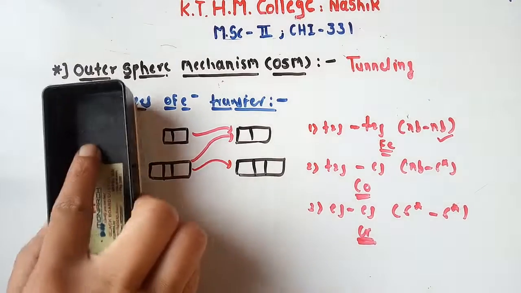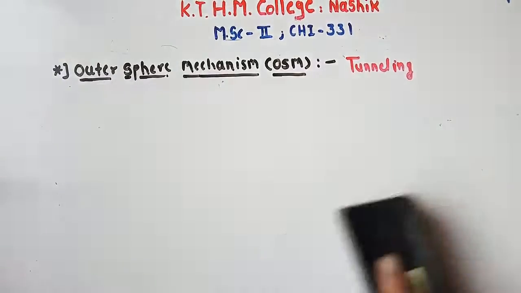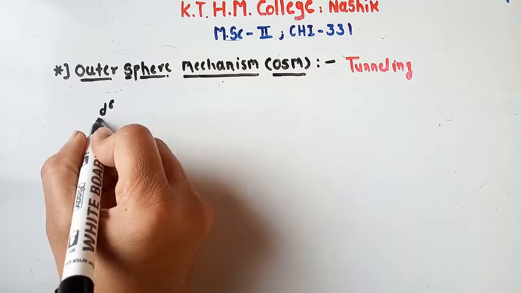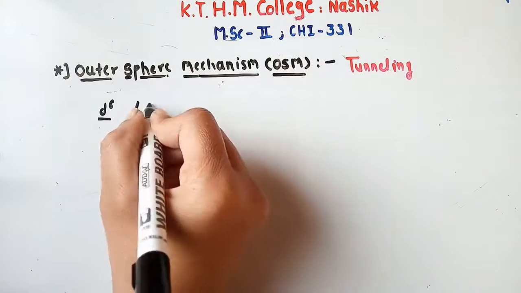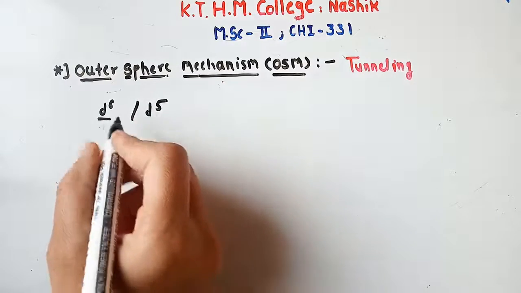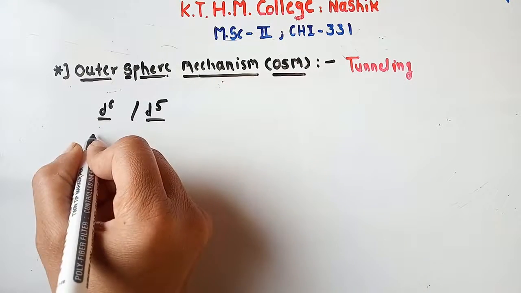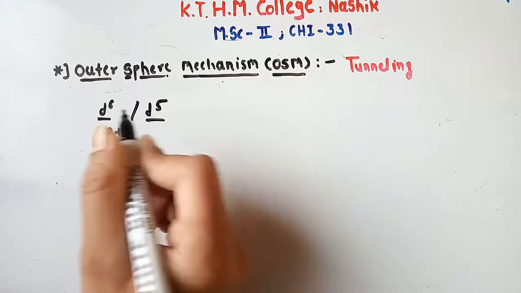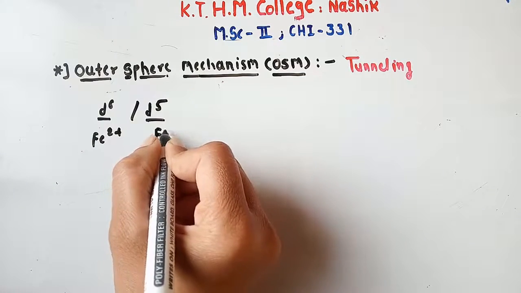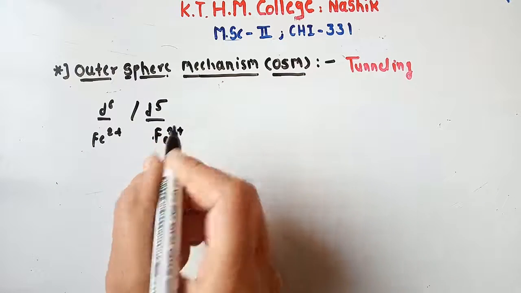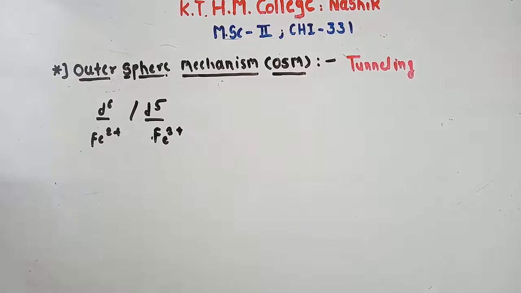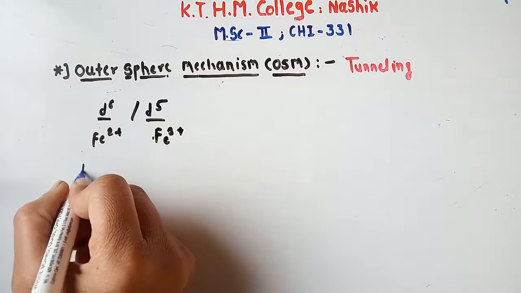So let's see one example. See the electron transfer from a d6 to a d5 system. The example of a d6 system is Fe2 plus, while the example of a d5 system is Fe3 plus. So let's see how the electron gets transferred.